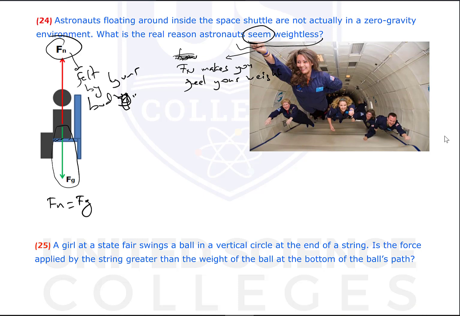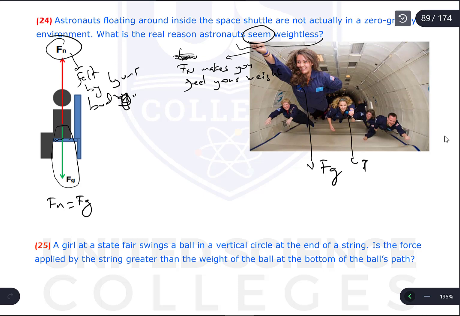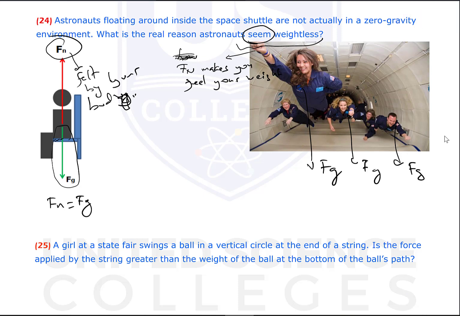But inside the space shuttle, look at this picture. As you see, inside the space shuttle, they are not touching anywhere. If you don't touch anywhere, is it possible there can be Fn on your body? There's only Fg acting on your body. But because you are not touching anywhere, there will be no Fn on your body. You feel yourself weightless because you feel your weight by Fn.